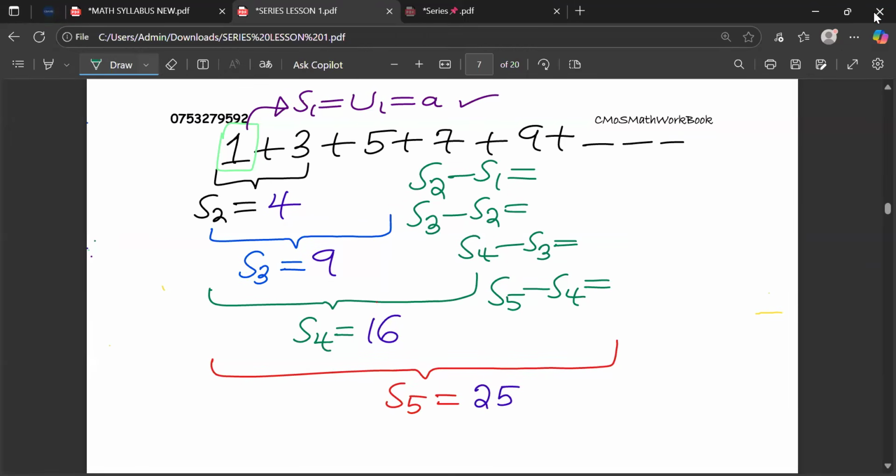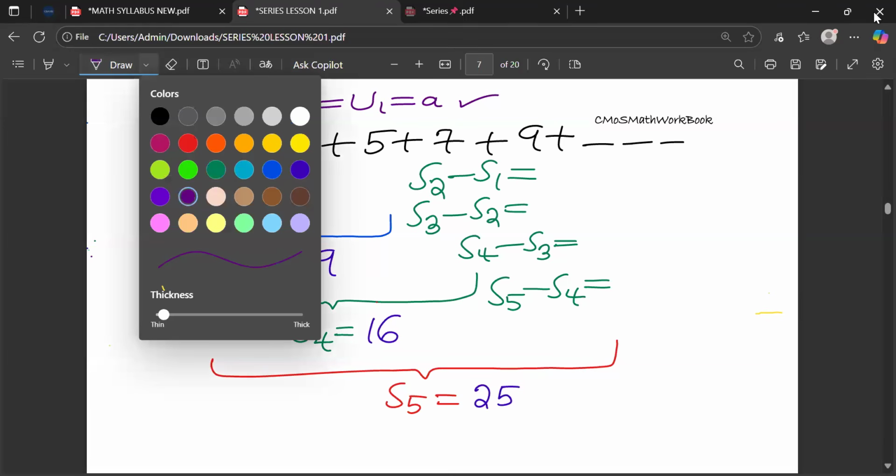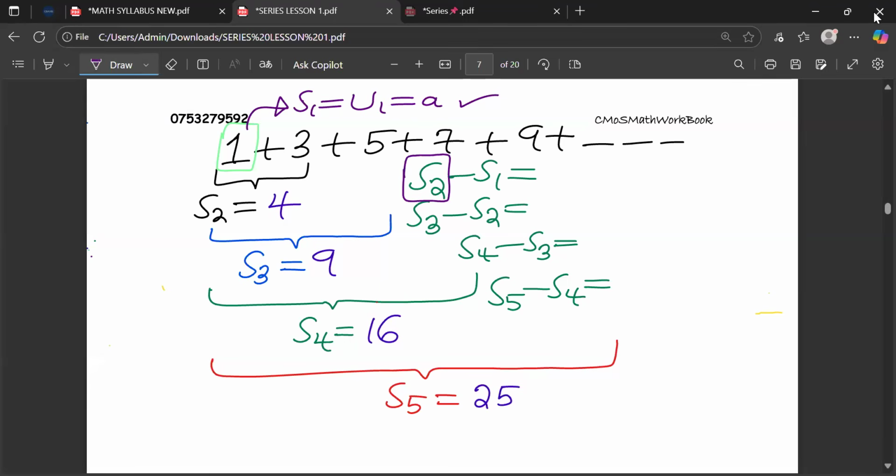Because we shall also need this. Do you people realize that when you get the sum, I want us to first interpret it in English. This one means the sum of the first two terms, and this one means the first term.